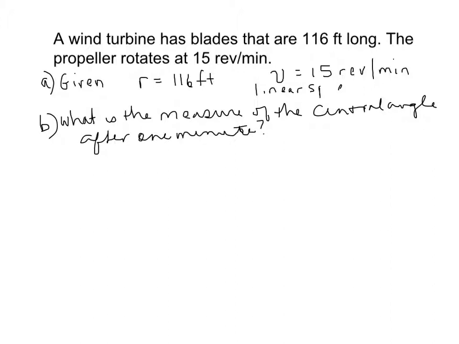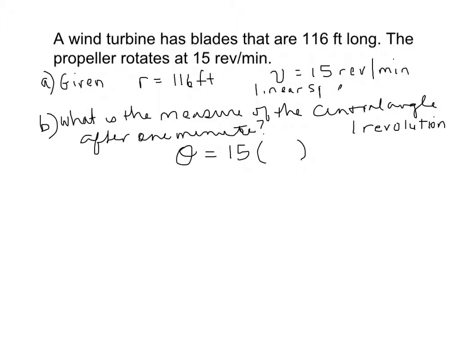We know that the propeller rotates at 15 revolutions per minute. I want to know what the angle is. I know that it's rotating at 15 revolutions per minute. How much is one revolution? Well, in one revolution, how far does the angle travel? How does the angle change? And we're in radians, right?